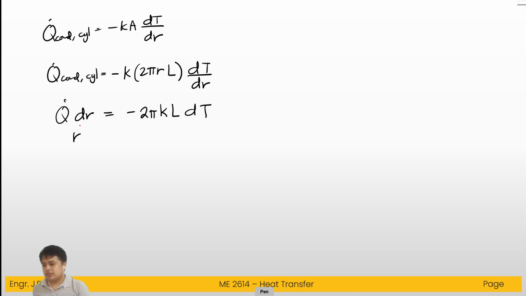The variables are separated now, so we can integrate this. We are assuming that q is constant, k is constant, and the length is also constant, it is not changing. But the r is actually varying, as you can see.